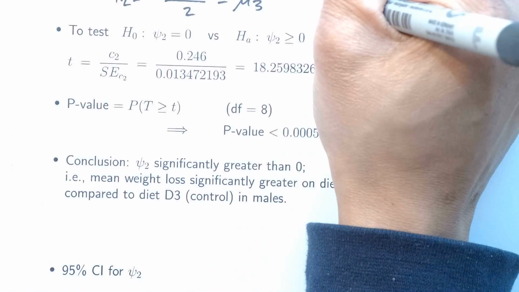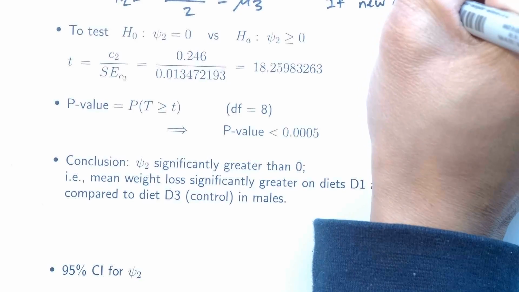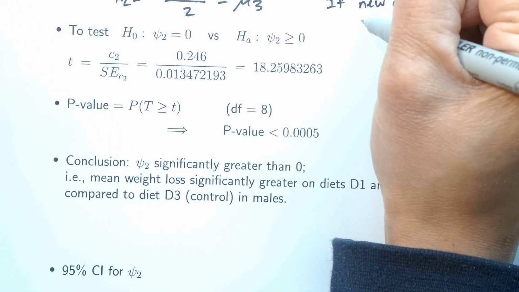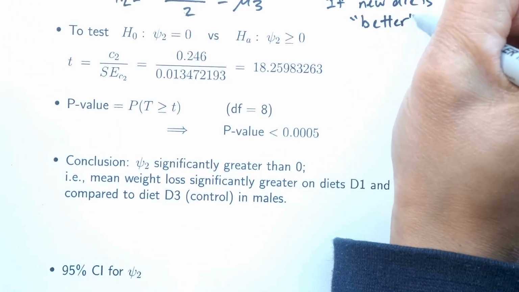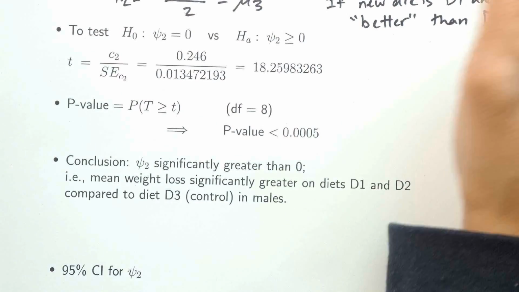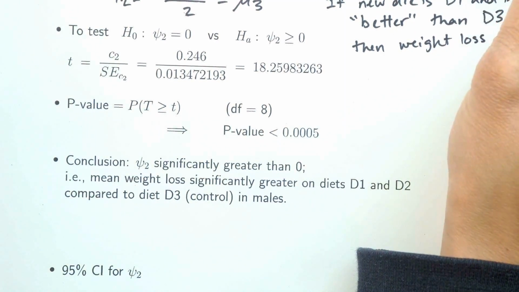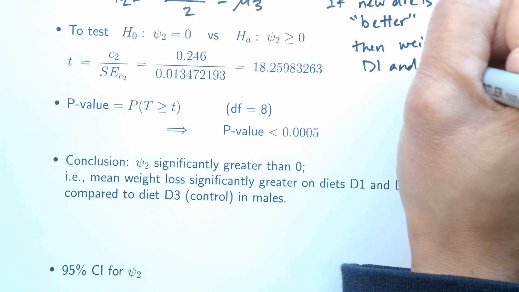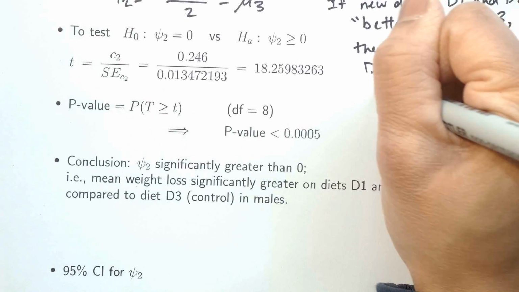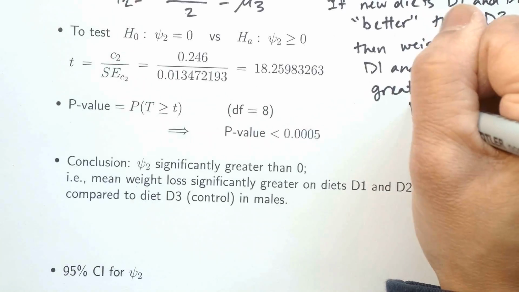So we have to reason, if new diets D1 and D2 are better than D3, then weight loss on D1 and D2 would be greater than on D3.